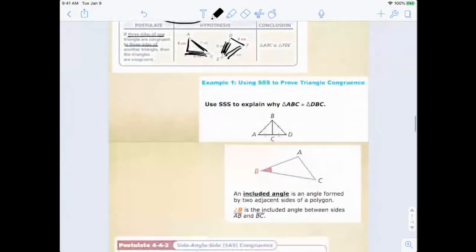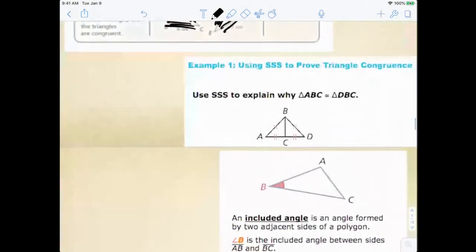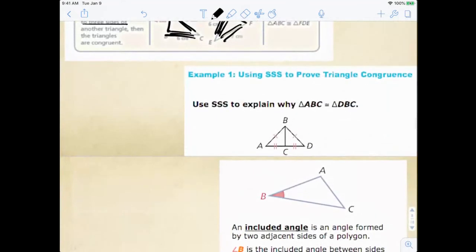We have 3 sides that are congruent. But how would I use it here? Just to kind of verify. This says these 2 sides are the same. These 2 sides are the same. But where's the third side? How would I know that these are congruent by side, side, side?